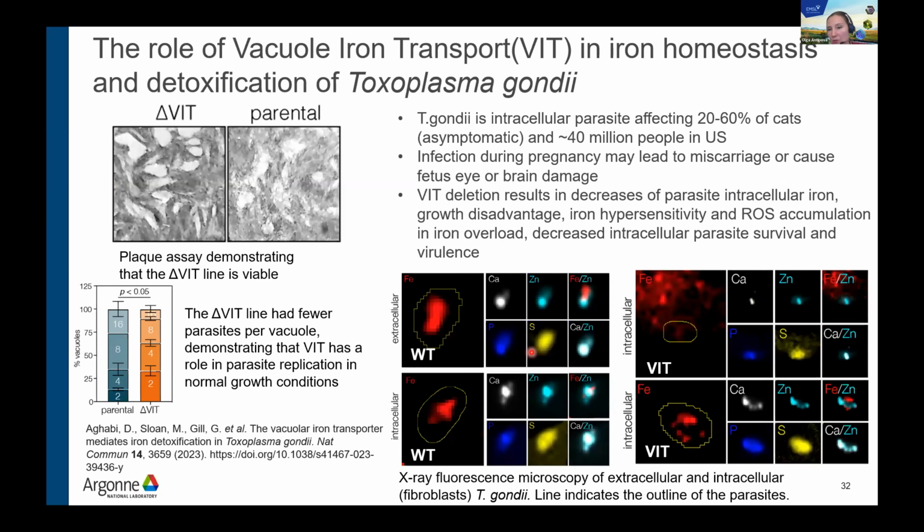In addition to that, we look at single cell imaging or tissue imaging. So in this case, here is an example of a Toxoplasma gondii study where we were looking at the importance of vacuole ion transport for parasite intracellular iron content and how that affects iron sensitivity for this parasite, as well as the survival and virulence of that parasite.